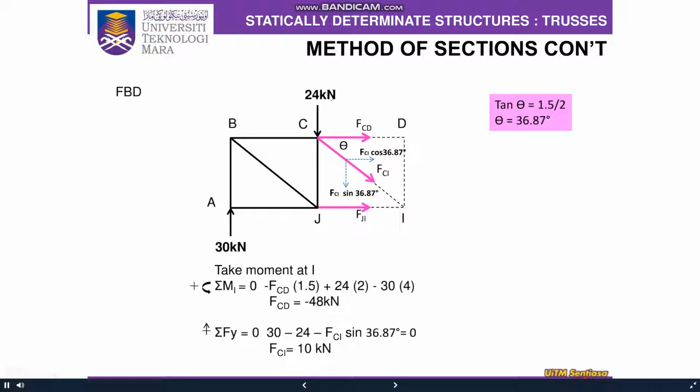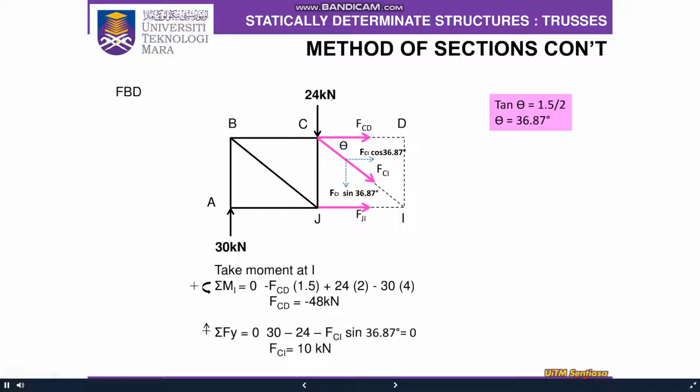You see that FCD and FCI both have the letter C, so C is the intersection. Next, we see FCI and FJI both have the letter I, so they intersect at point I.